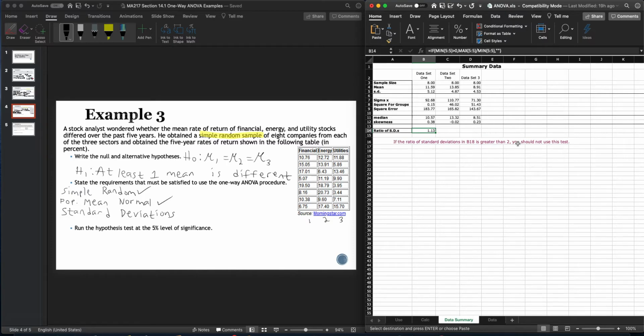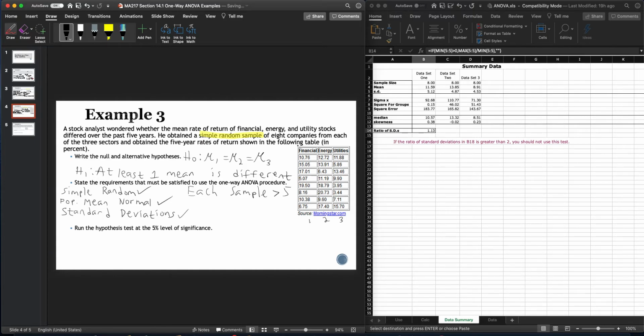So yes, we could say that these are pretty equal to each other, since that ratio is below 2. Then from this, we need that each of the sample sizes is at least 5. And they are, because each of these has 8 in it. So each sample size is indeed greater than 5.